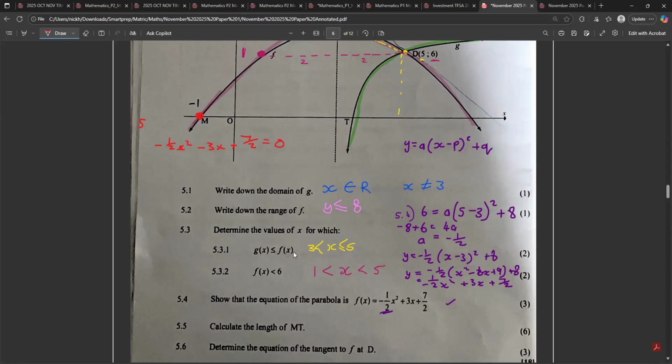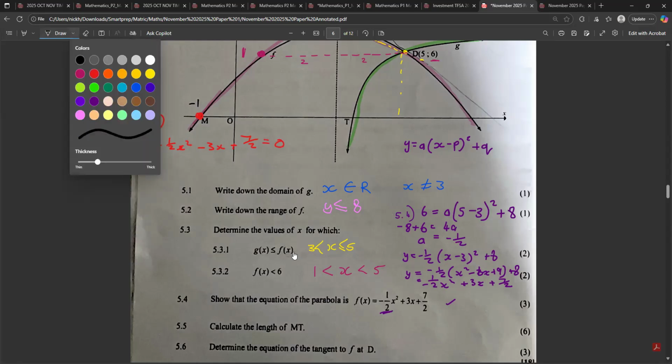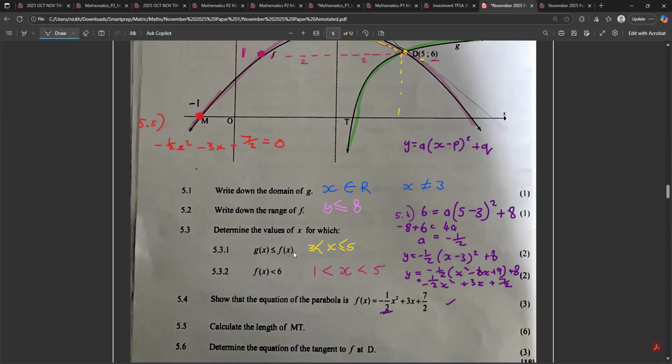I'm doing this in red, 5.5. Sorry if this is tricky on the eyes. Let me switch to black. I'm going to multiply by negative 2. So I'm going to get x squared minus 6x minus 7 when I multiply by negative 2. That's a bit easier now because I've got a negative and a positive. So it'll be x plus 7 and x minus 1.